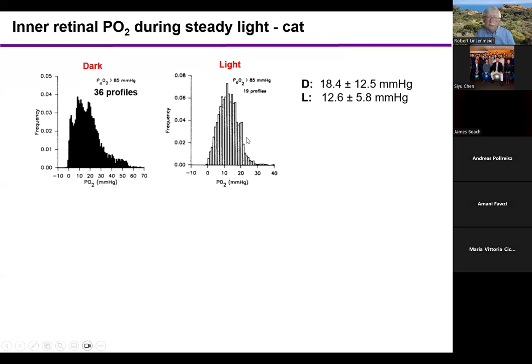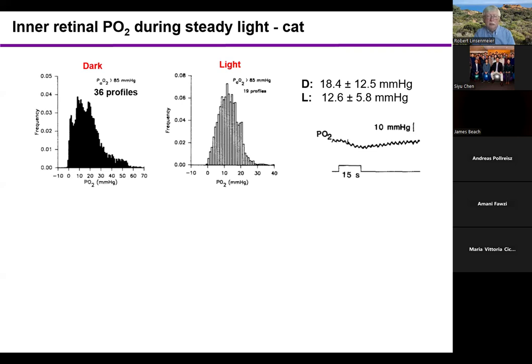But again, it's quite variable, and you could have almost any PO2. Sometimes when you turn on a light, you can actually see the decrease in PO2 from darkness. These fluctuations that you see here are respiratory fluctuations. But you can't always see this. Sometimes when you turn on a light and you have the electrode stationary in the inner retina, nothing actually changes.